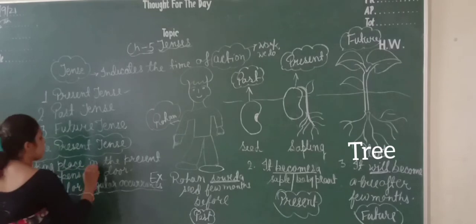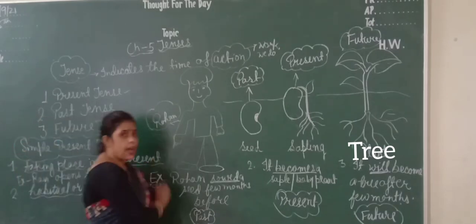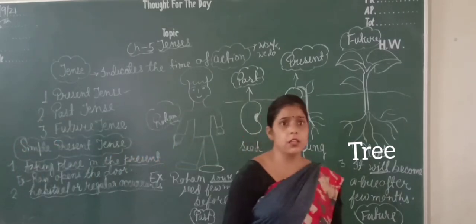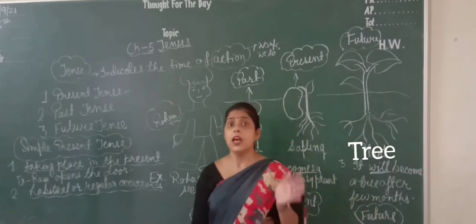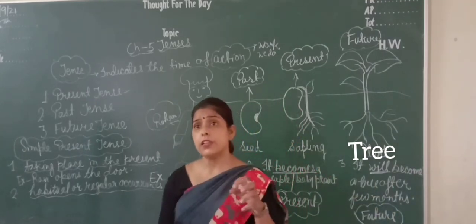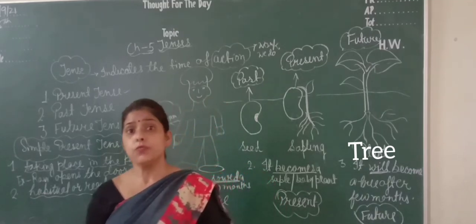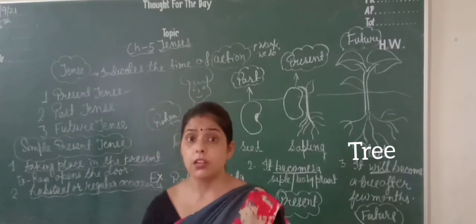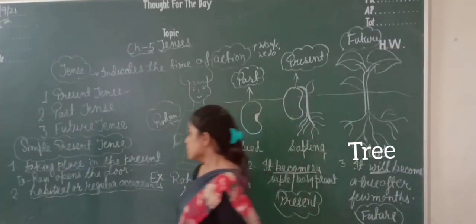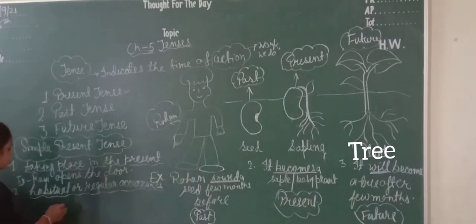Habitual means a person has a habit to sing, a habit to dance, or any action that is habitual. Regular means when we talk about daily routine, which you do every day. So when any habitual or regular occurrences are there, that is also simple present tense.